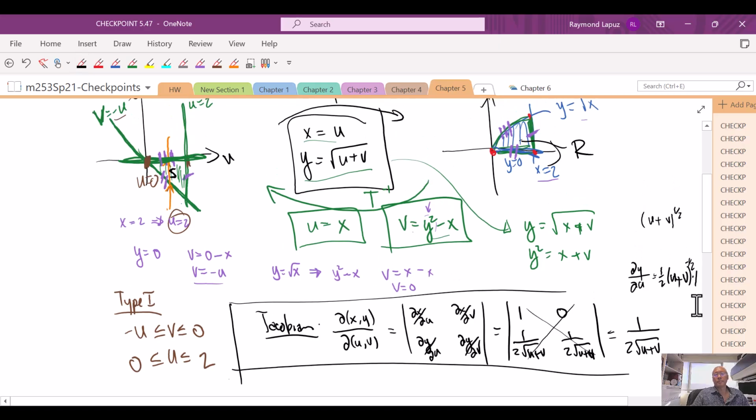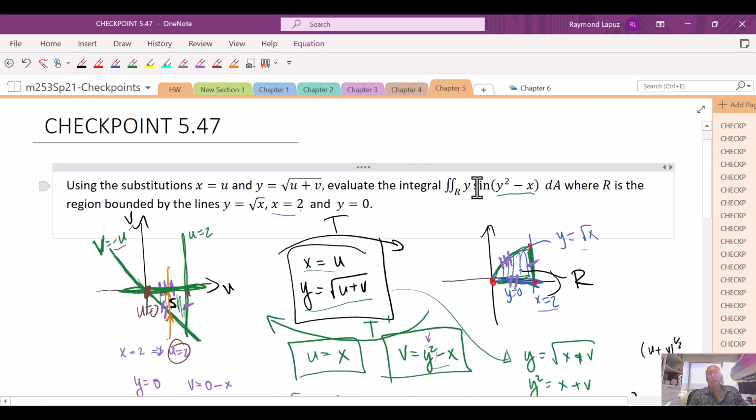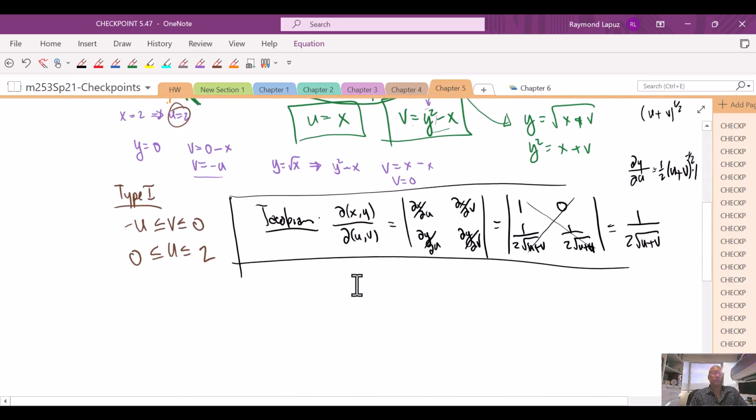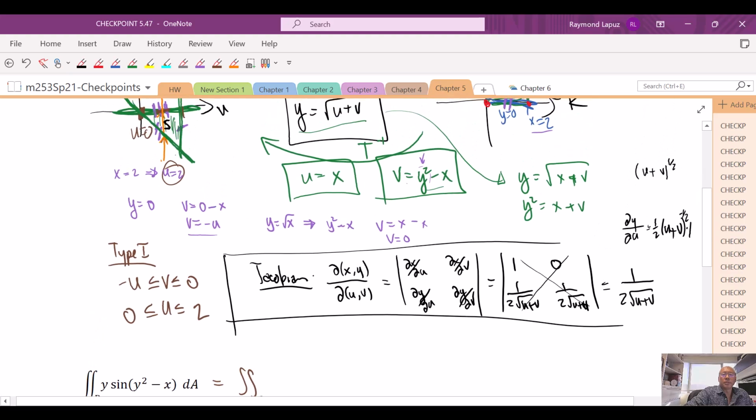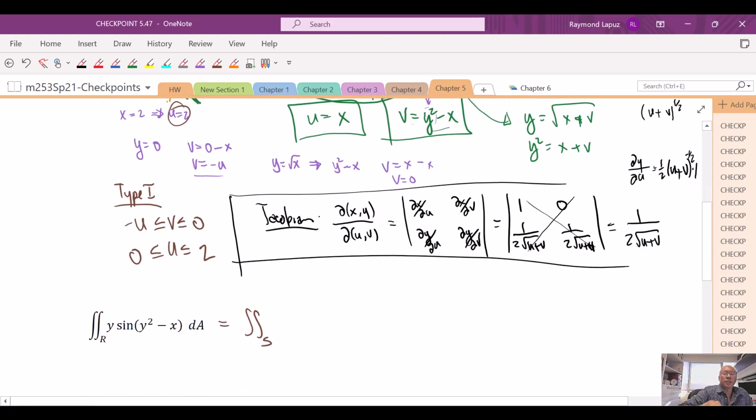Okay, let's get this function copied down here. And then now we're off to write this over S. Now we have a y. Ooh, what's y equal to? Y is equal to the square root of u plus v times sine, and this is what we noticed earlier.